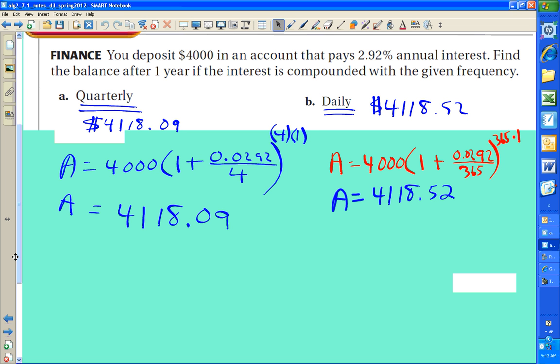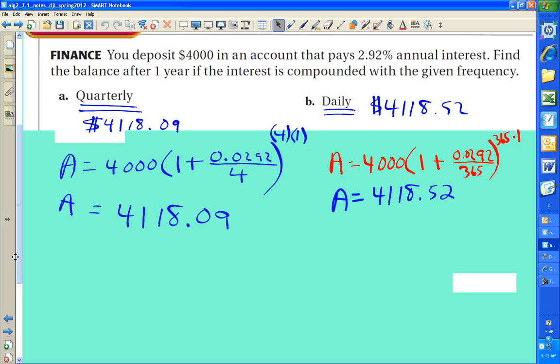So you can see it's already been done up here, so it's not something you're watching me do here. But here's the plug-in. Starting amount is $4,000. 1 plus your interest rate. Your interest rate has to be as a decimal. So you need to change 2.92% to 0.0292. Move the decimal 2 places to the left.